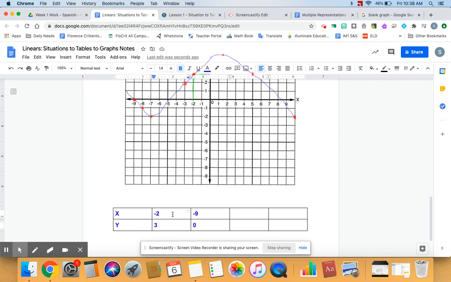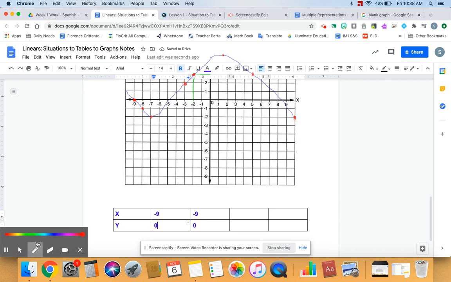So it should do -9 and then 0 first. Then this one is at -8 for the x value, because from the middle it went backwards 8, but then it goes down 1. If I go over to that line, it's at -1. So I had -8 and -1.